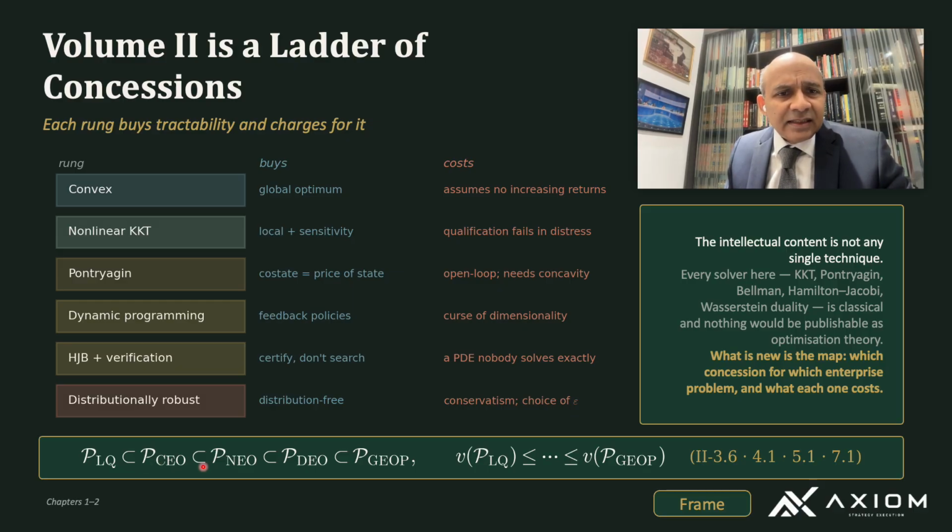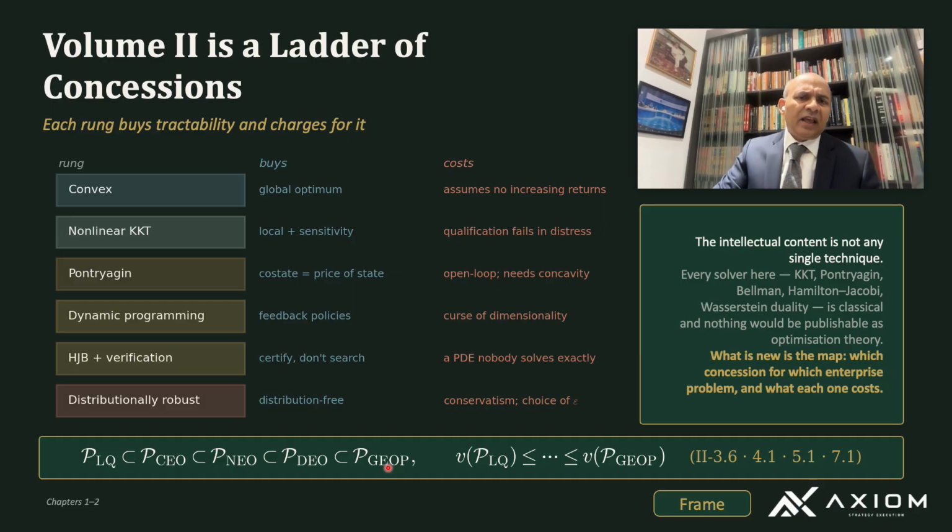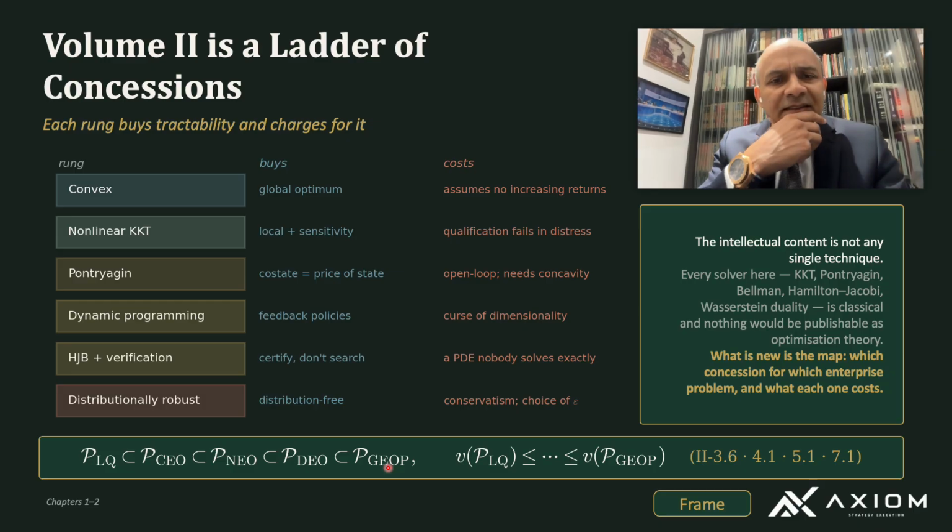Now that is a special case of nonlinear enterprise optimization over here, which sits inside the dynamic enterprise optimization, which in turn sits inside the full GEOP, the general enterprise optimization problem. Each successive framework can represent everything in the earlier one, plus more complex enterprise behavior.